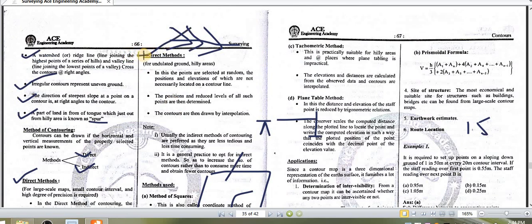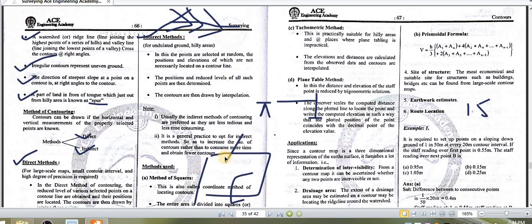Now the most important method in contouring is the indirect method, because this is the most common method normally used in contouring. In this method, the points are selected at random. You don't have to choose the points; you randomly select points, the position and elevation of which are not necessarily located on the contour line.